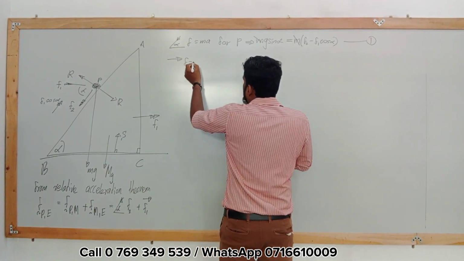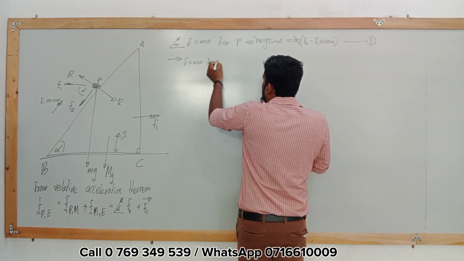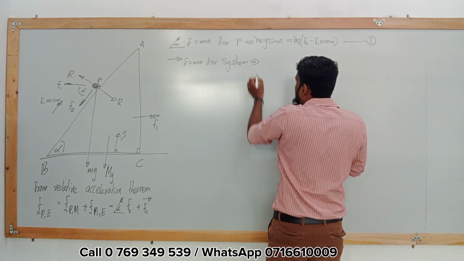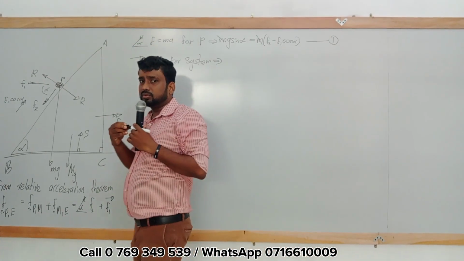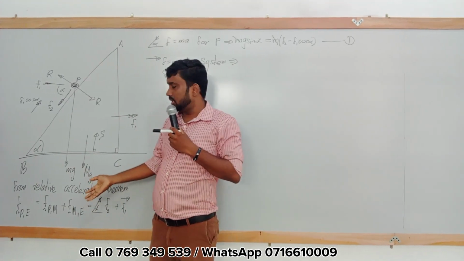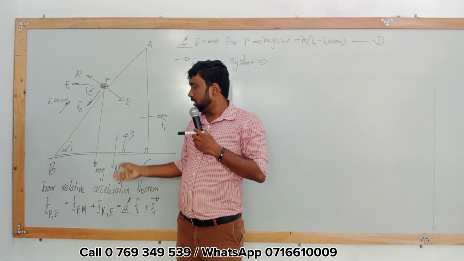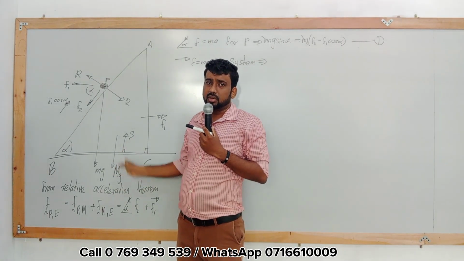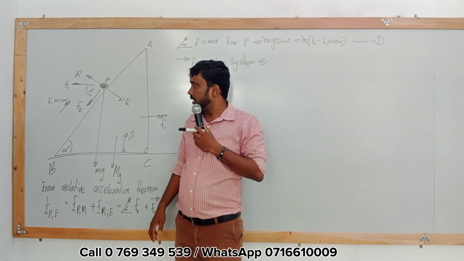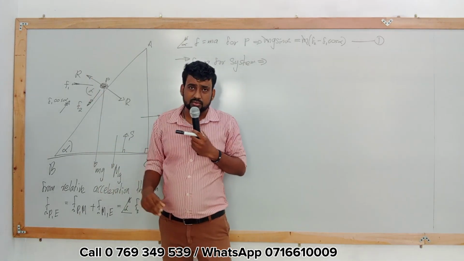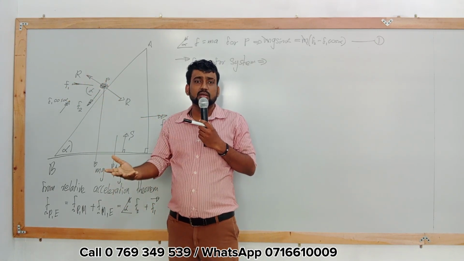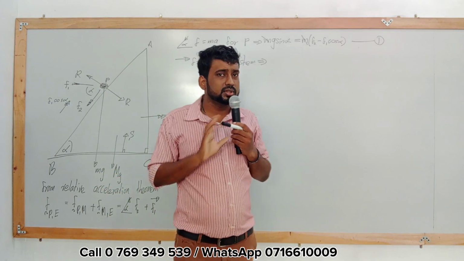F equal ma for the system. What is the force? No forces. Why? Mg is downside, also mg downside, 2mg also downside, and the other one is upside. All are perpendicular to that. Here R and R cancel. One R here, another R here, and the two R cancel. No forces.